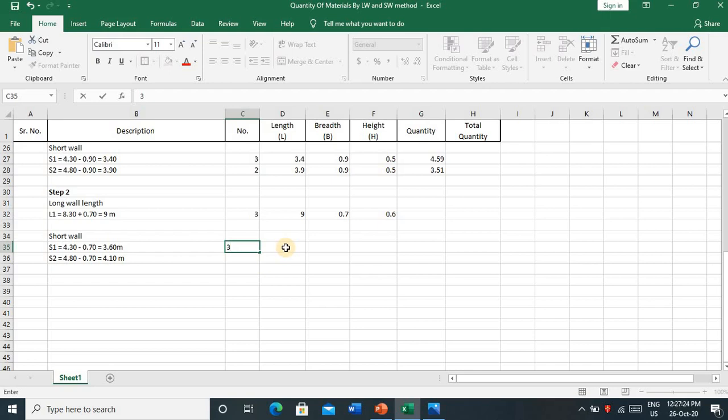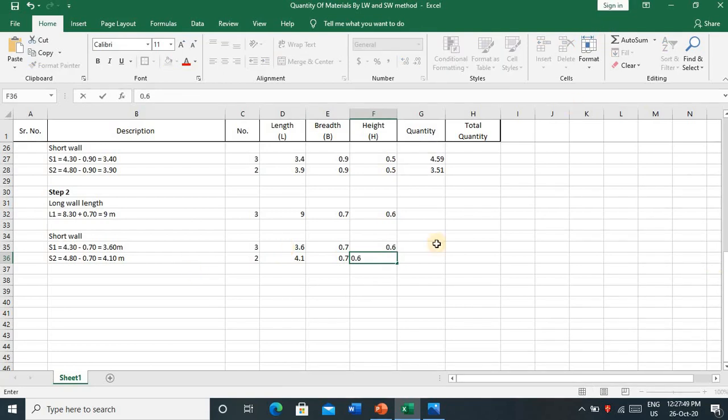Short wall 1 numbers 3, length is 3.60, breadth is 0.7, height is 0.6. Come here, numbers 2, length is 4.10, breadth 0.70, height is 0.6.